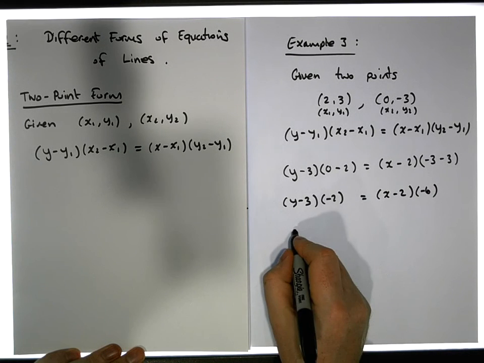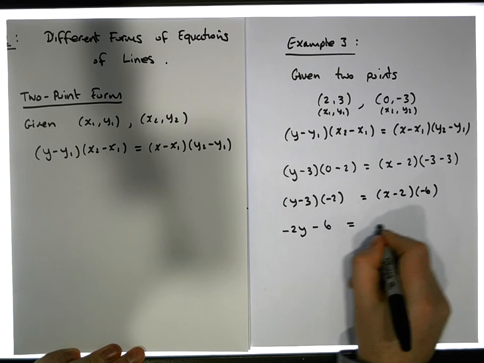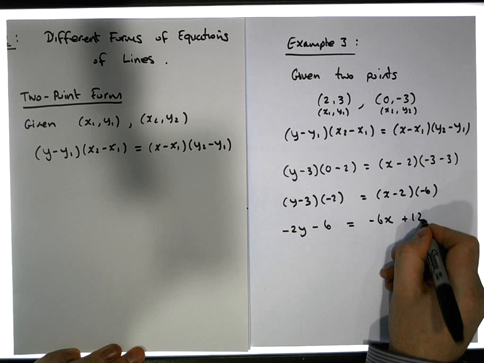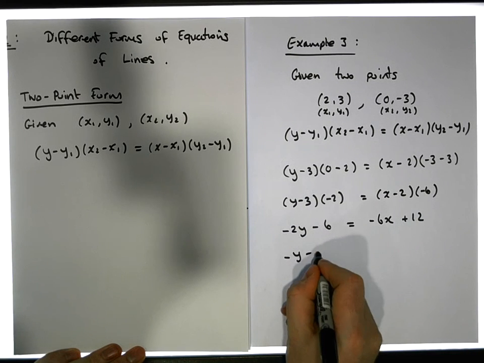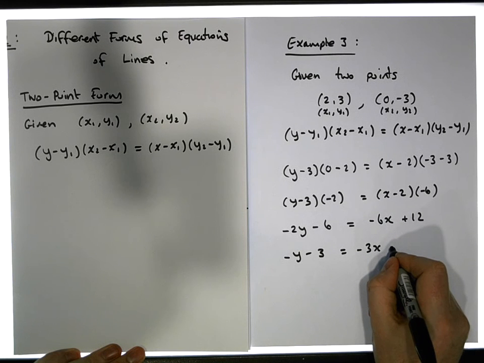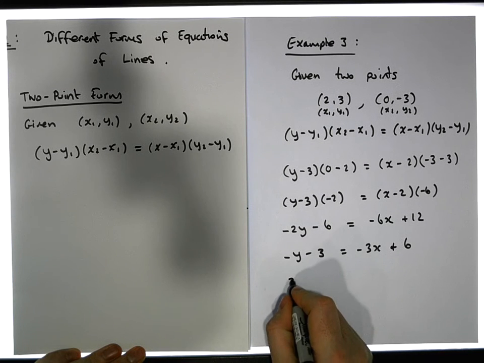Multiplying out the brackets, we end up with -2y plus 6 is equal to -6x plus 12. We could divide across by 2, so this gives us -y plus 3 is equal to -3x plus 6. Bring the x's over to make them positive. This becomes 3x minus y.